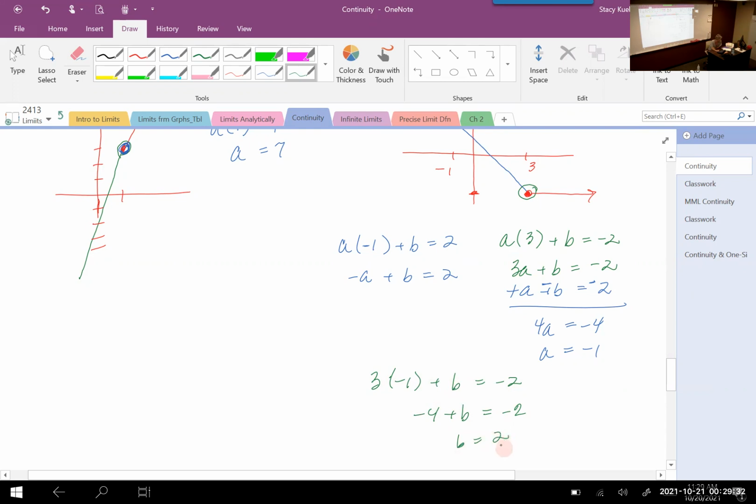Did we do that right? Does that look right? That's -3, not -4. Let's try that again. Y'all awake and looking at my math yet?